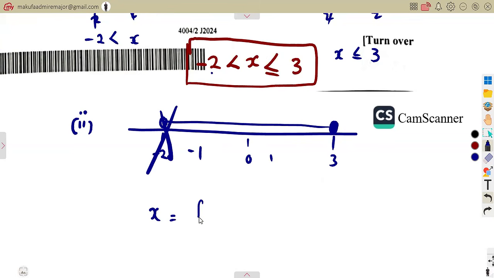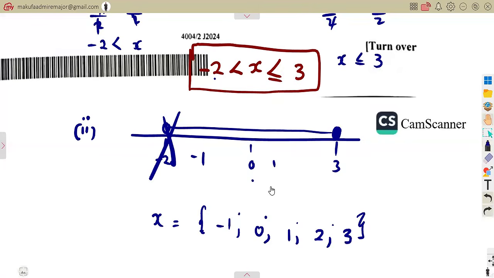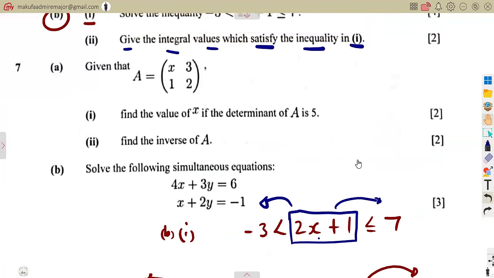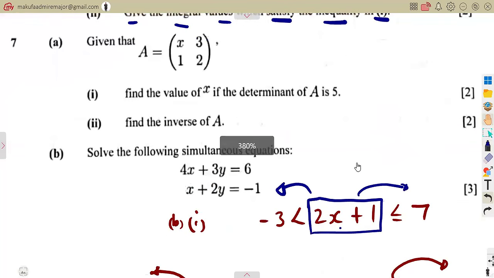So the x that we are talking about is supposed to be the elements minus 1, 0, 1, 2, up to 3. So 3 is involved, since x is less than or equal to 3, which means 3 is also part of this set. You're supposed to consider your B in this case.